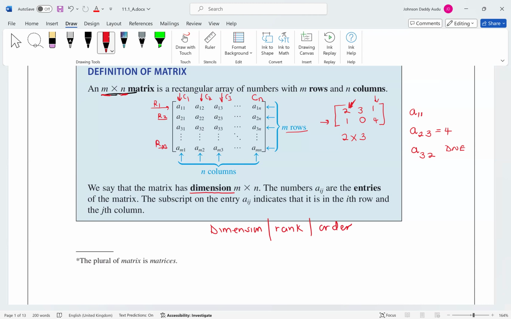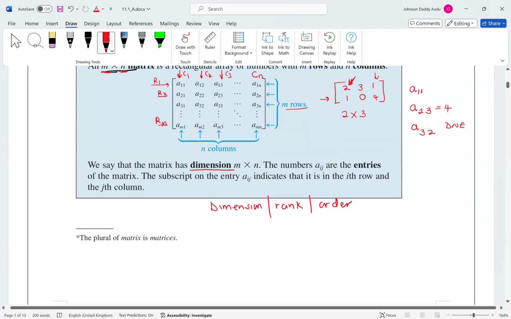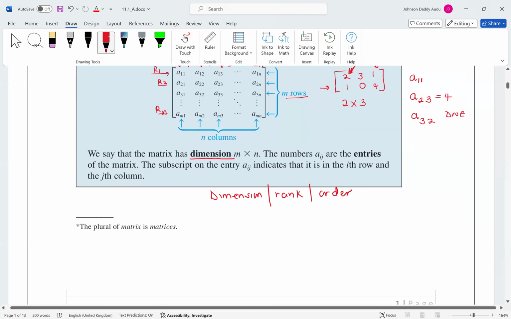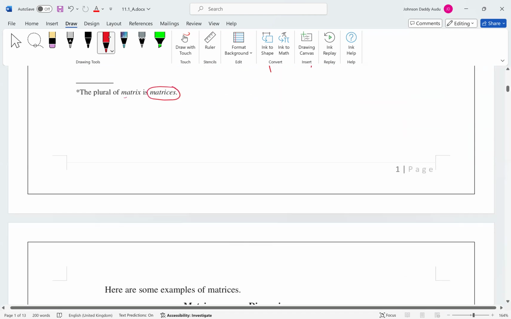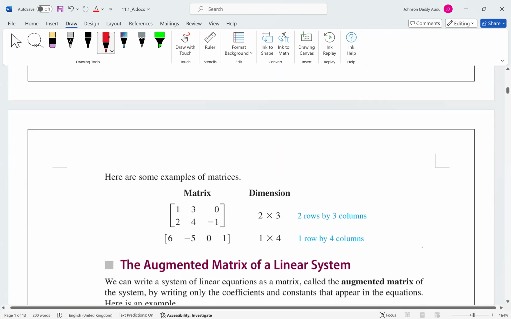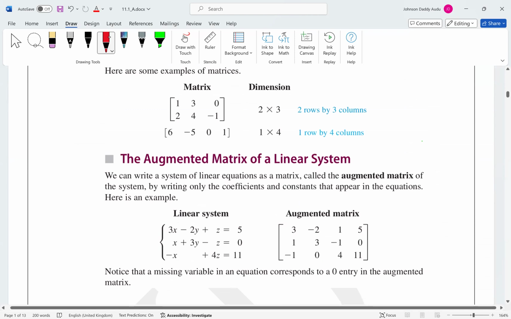The word times here does not mean you multiply: 2 by 3 does not mean 6. We are just saying that we have 2 rows and 3 columns. And if you have more than one matrix, the plural of matrix is matrices. Take note of that. All right, so here are some examples of matrices.